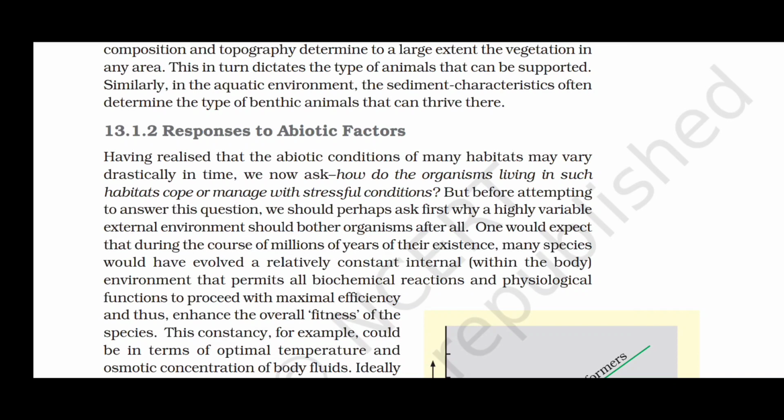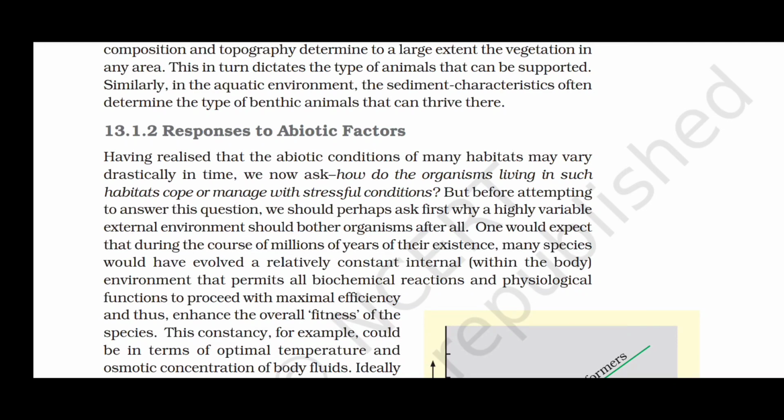One would accept that during the course of millions of years of their existence, many species would have evolved a relatively constant internal environment within the body that permits all biochemical reactions and physiological functions to proceed with maximal efficiency and thus enhance the overall fitness of the species.